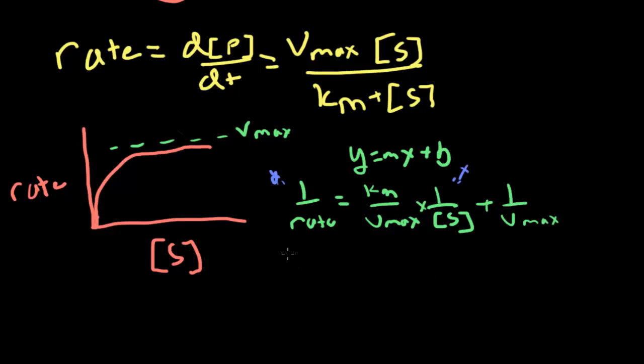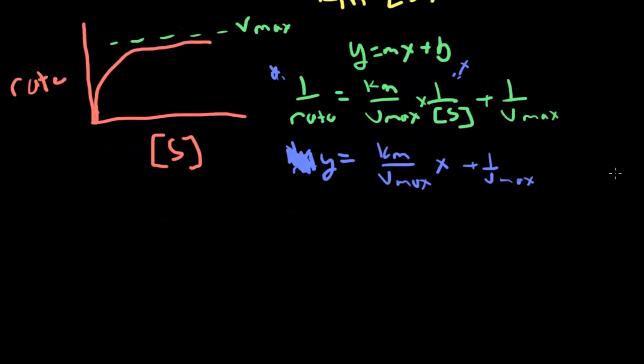So now we have 1 over rate, which is y, equals Km over Vmax times x plus 1 over Vmax. These are all constants, Km and Vmax. So now you have y equals m, the slope, times x plus the intercept, which is 1 over Vmax.